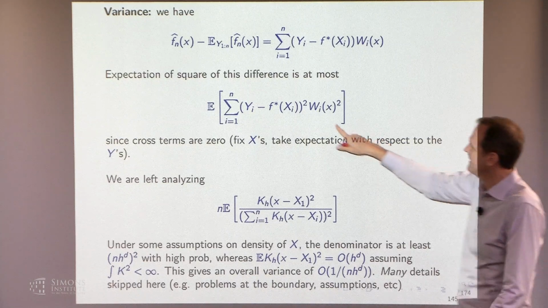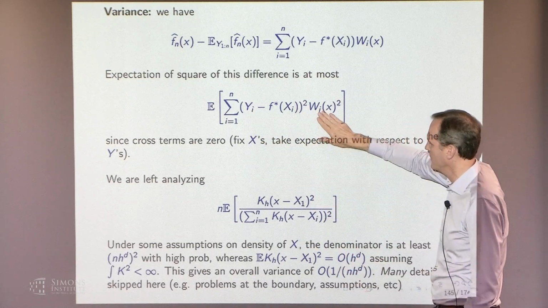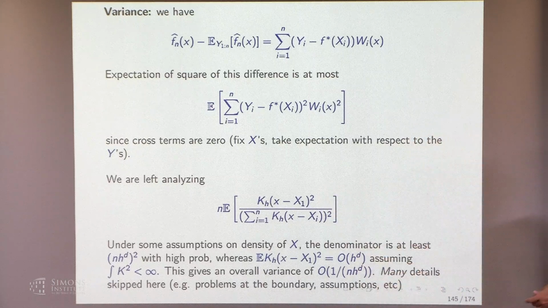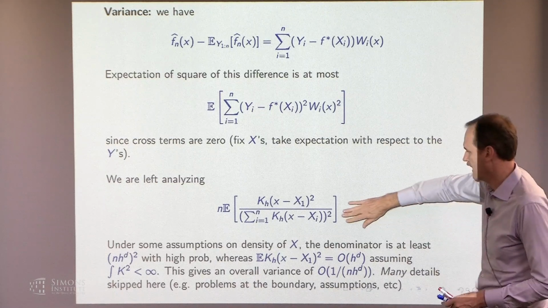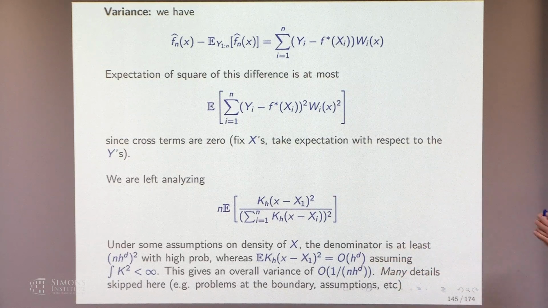You know, the conditional expectation of this thing is just whatever it is, right? It's some constant. So all we really care about is this quantity. Again, waving my hands here, under some assumptions on the marginal density of the x's, we get that this ratio looks like something of order 1 over n times h to the d, where d is the dimension.